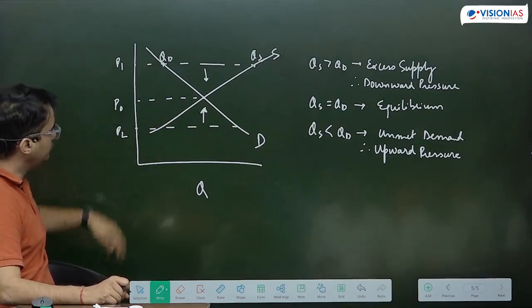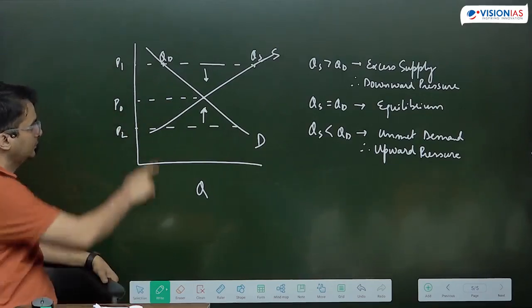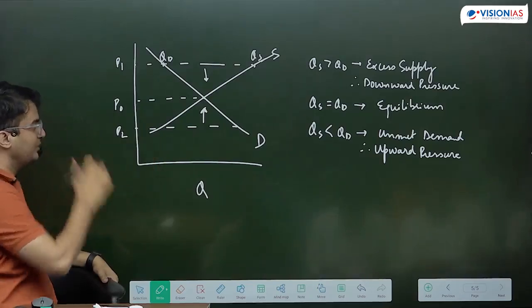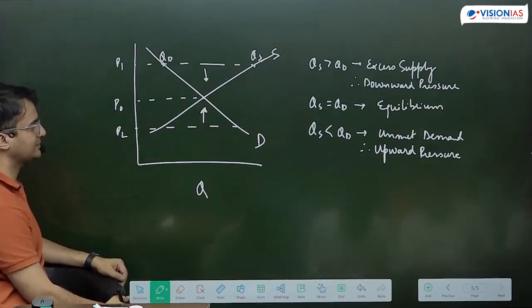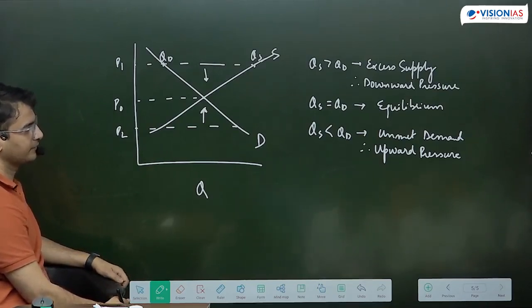P0 P1 P2. QS greater than QD, excess supply, therefore downward pressure. QS equal to QD, equilibrium.